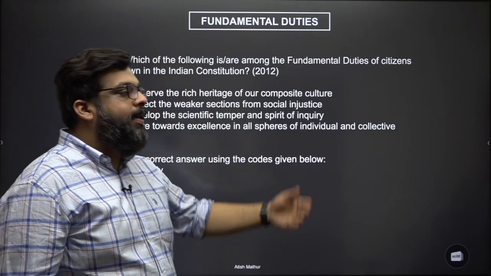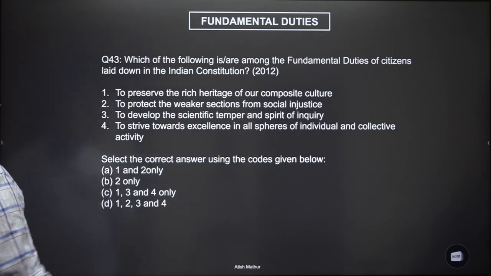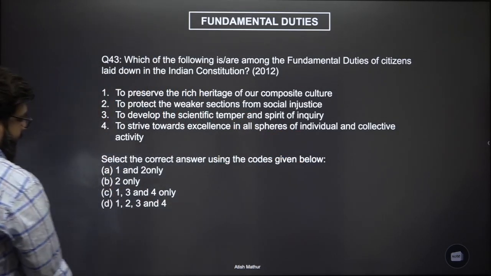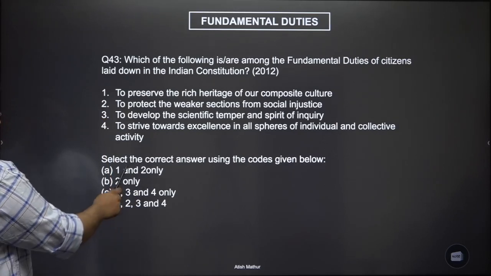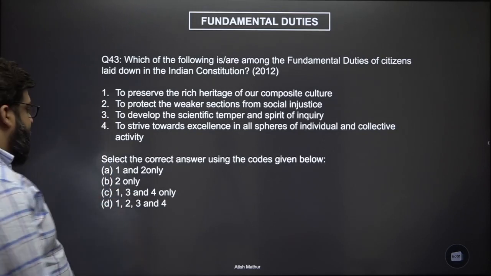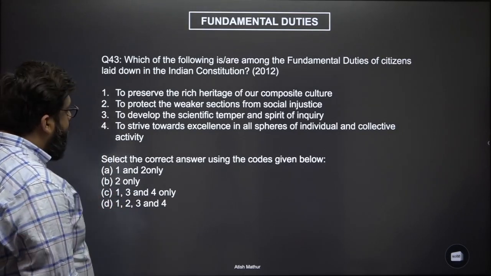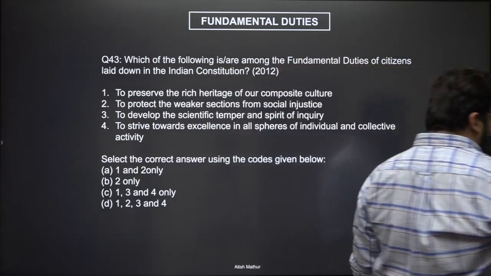A law has to prevent that from happening. That means the government has to make adequate measures. So 2 is definitely not a fundamental duty. So if 2 is not a fundamental duty, can we eliminate 2? A, B and D, yes, we can eliminate 2. Then your correct answer becomes C, right? Your correct answer becomes C, because it's only 1, 3 and 4.